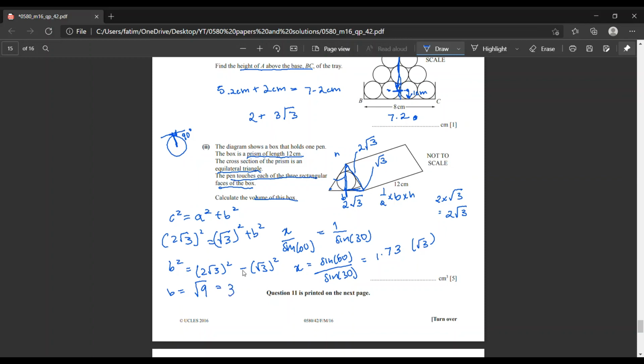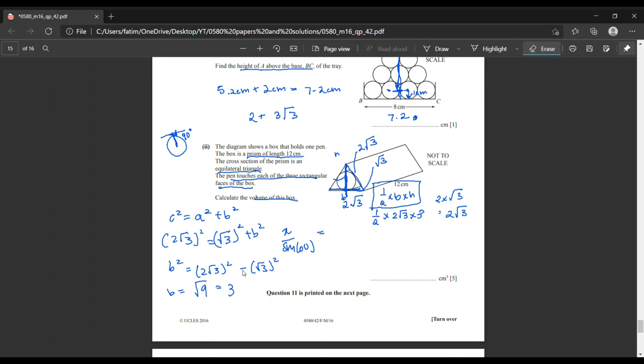Now we can calculate the area of our cross section finally. So coming back to our formula, half into the base, which we found out to be 2 root 3, into the height, which we just calculated to be 3, we get the cross section area. Just clearing some space here.